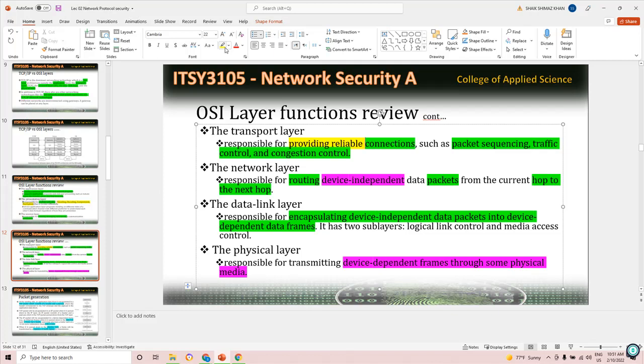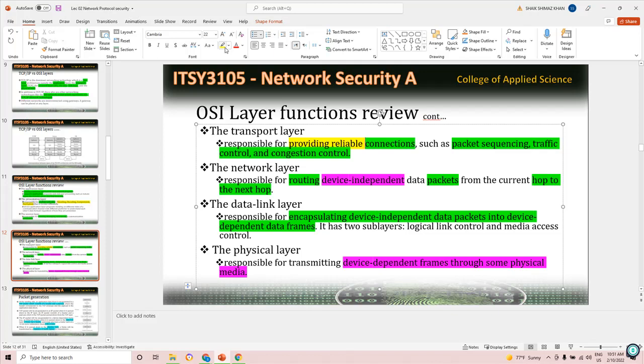Other important points are packet sequencing, sending the packet from one computer to another computer. Packet sequencing means putting a sequence number on each packet.